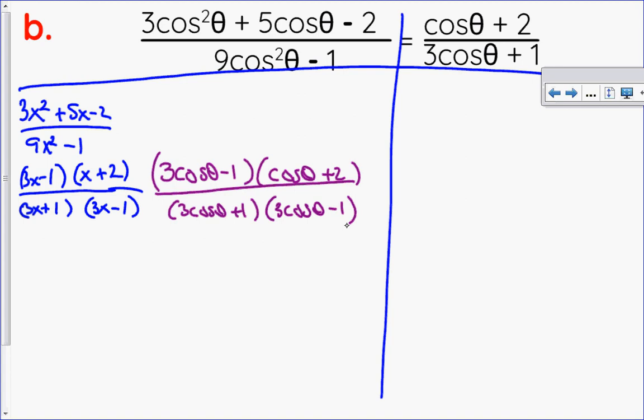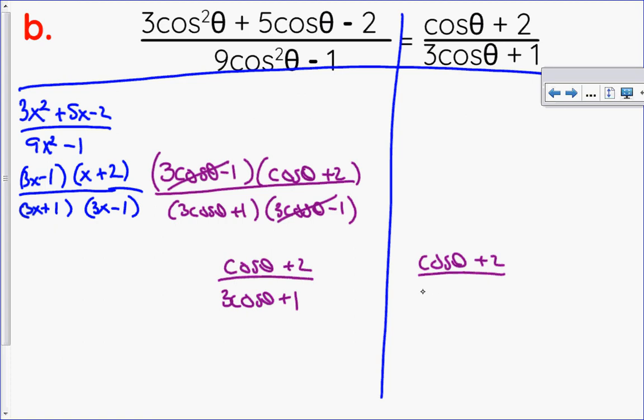So I'm replacing each of the x's with the cosines. Okay, so now I can see 3 cos minus 1 cancels with 3 cos minus 1. So I have cos theta plus 2 all over 3 cos theta plus 1, which is the exact same thing that I have on the right-hand side. So I've now shown that left side equals right side.